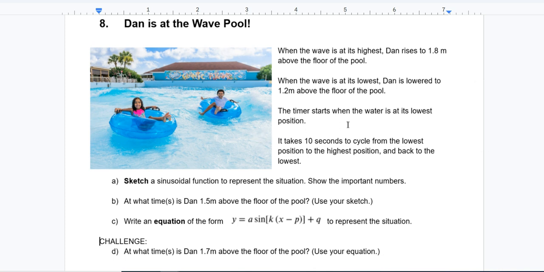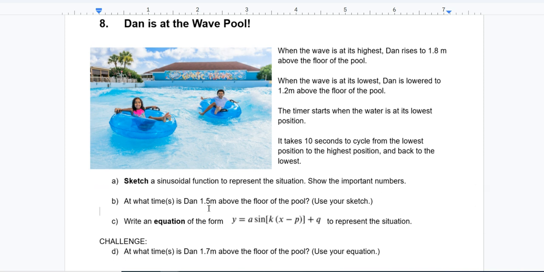Then it says the timer starts when the water is at its lowest position. So when time is 0, we will be at our minimum height. Then it says it takes 10 seconds to cycle from the lowest position to the highest position and back to the lowest. Then it says sketch a sinusoidal function to represent the situation and show the important numbers.